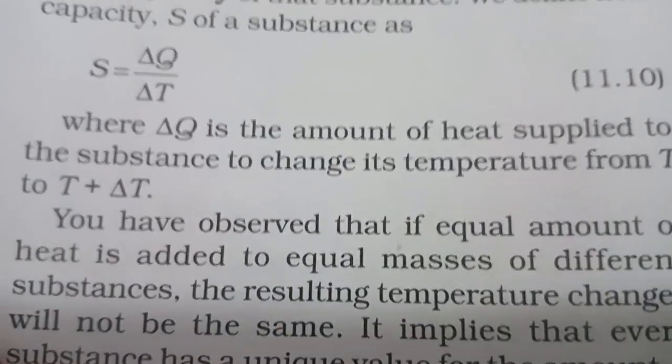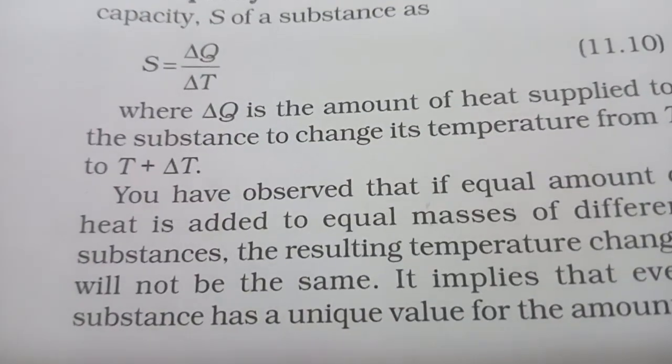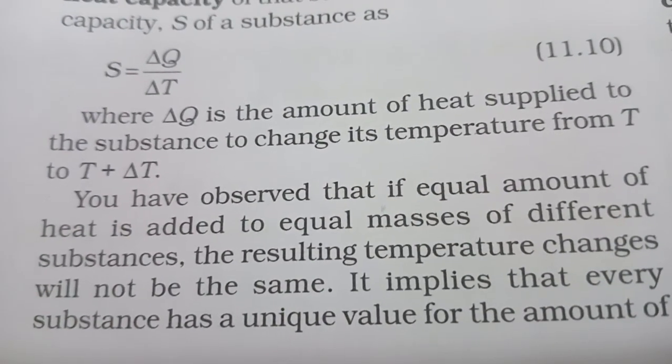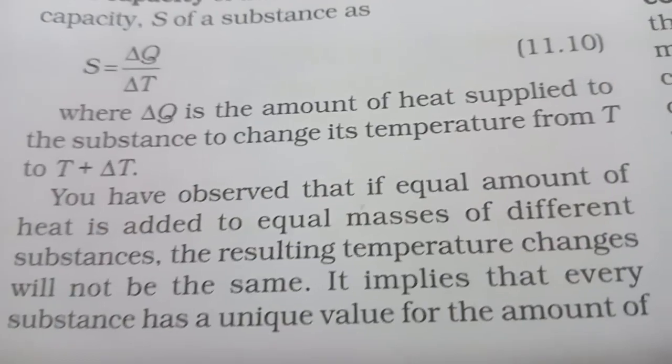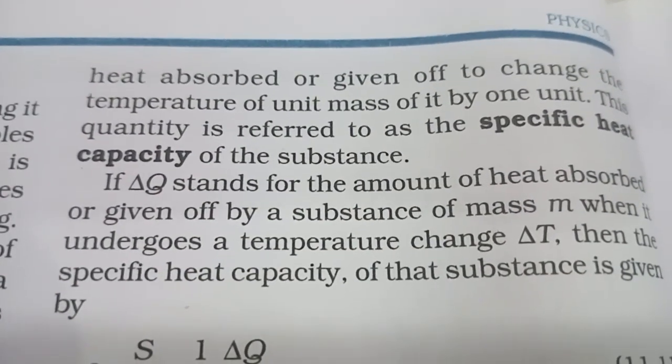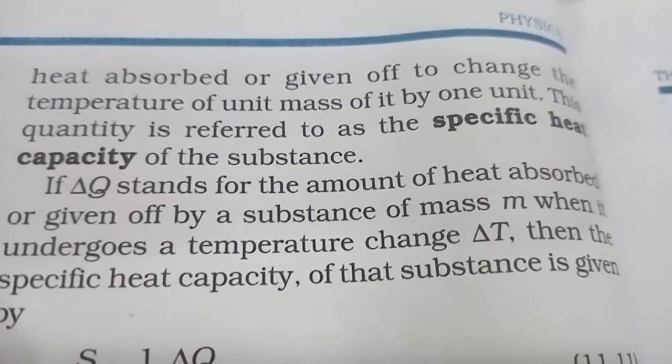You have observed that if equal amounts of heat are added to equal masses of different substances, the resulting temperature changes will not be the same. It implies that every substance has a unique value for the amount of heat absorbed or given off to change the temperature of unit mass of it by 1 unit.